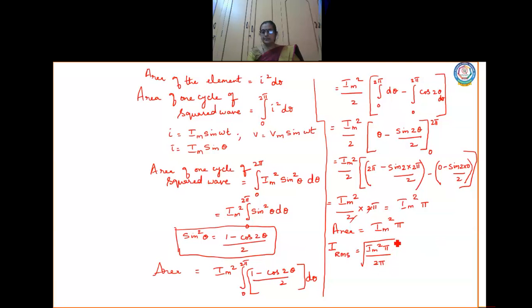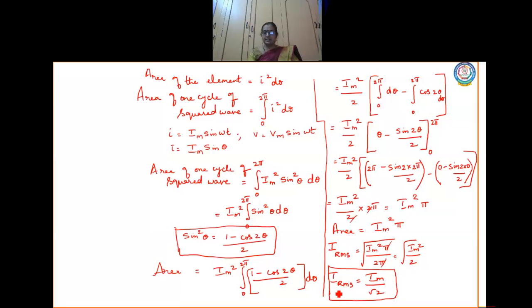Here also pi gets cancelled, so I have Im square by 2. Now Im square inside the root becomes just Im. So IRMS is Im divided by root 2. This is the root mean square value of current.